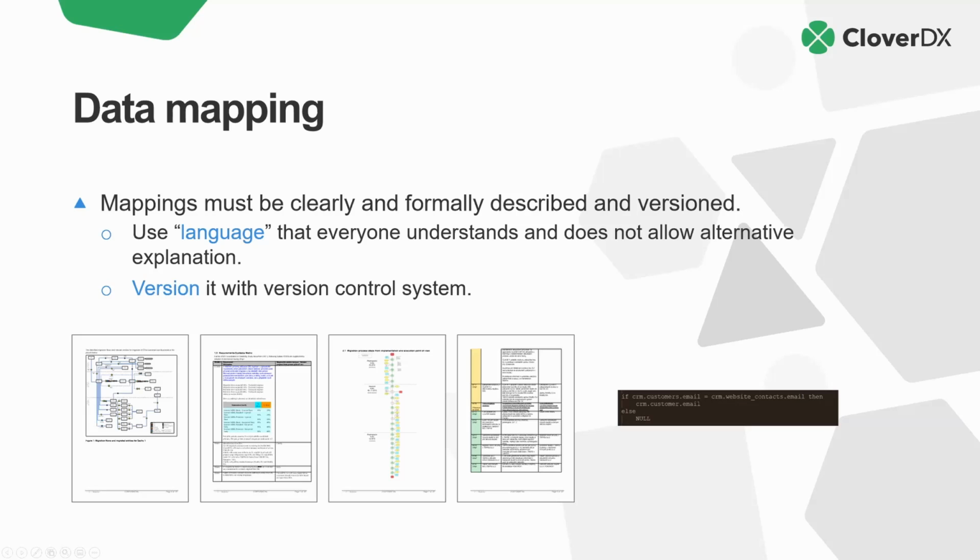And if the development, test, and QA team, and even support, have the wrong data mapping version, they will say everything is fine. But it's not going to be fine, obviously, because they would be working with a different version. So make sure that you use the same language, everyone understands it, and you use a version control system to version the data mapping, and make sure that everyone who will version this understands how to version these documents.